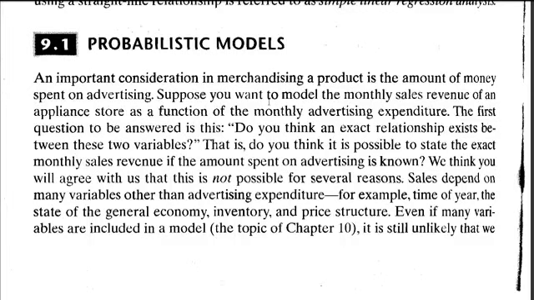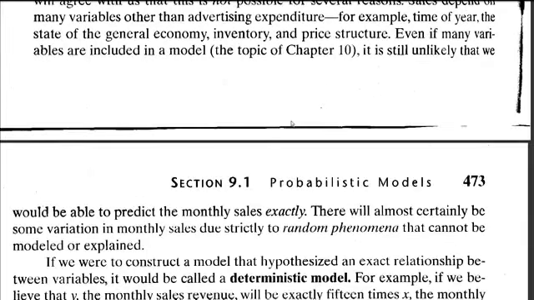We think you will agree that this is not possible for several reasons. Sales depends on many variables other than advertising expenditure. For example, time of year, the state of the general economy, inventory, price structure. There are many variables. Even if many variables are included in the model, it is still unlikely that we would be able to predict the monthly sales exactly.